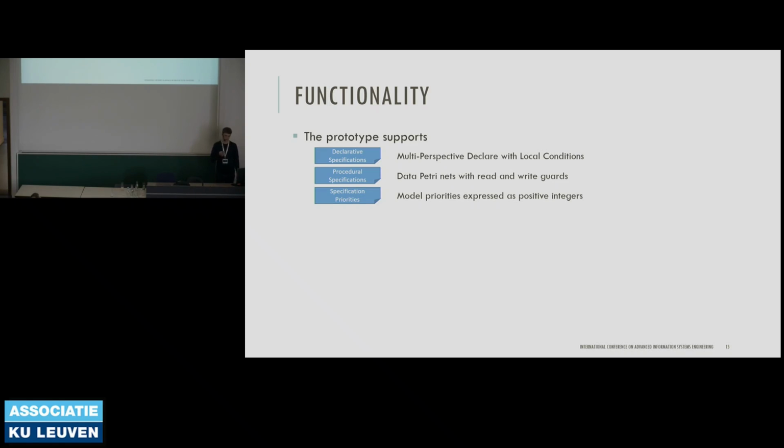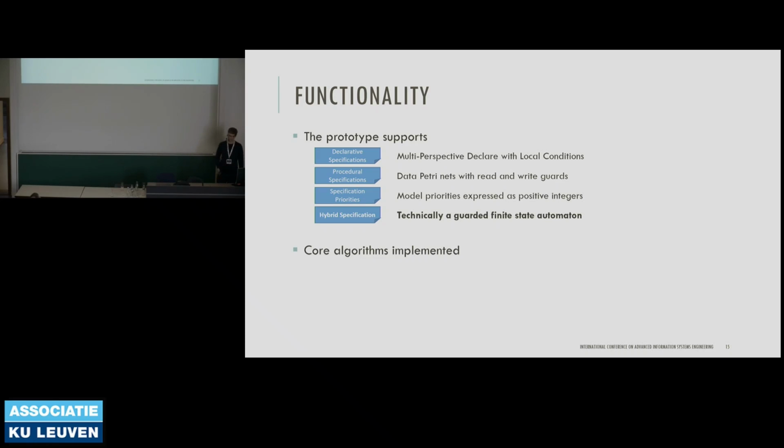Of course, we have the specification priorities, which we are currently handling just as positive integer values. The higher the value, the higher the priority of the specification, and in turn, the higher the cost of violating that specification. And we can also build the hybrid specification itself, which in our current implementation is technically a guarded finite state automaton, which I will be discussing briefly on a later slide.